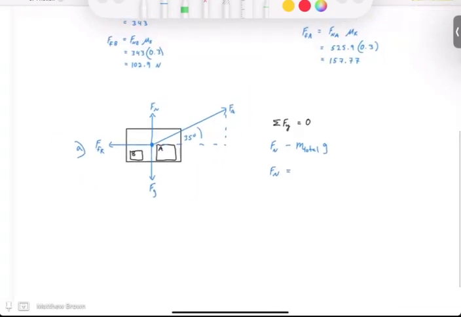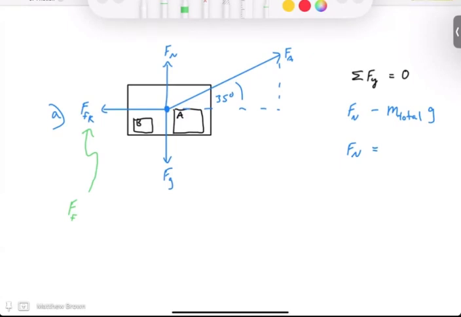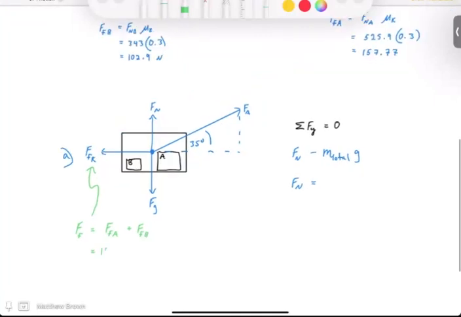When I'm looking at this friction here, I can say the force of friction total is going to equal the force of friction from A plus the force of friction from block B, which we just figured out, which is 102.9 plus 157.77, which equals 260.67 newtons. Okay, so now I've got a force of friction.